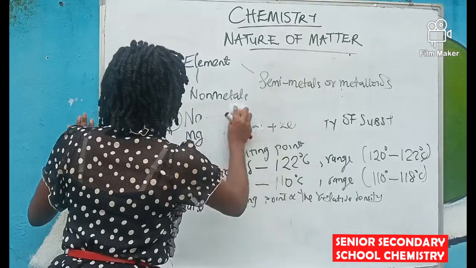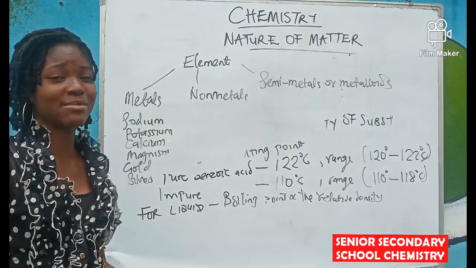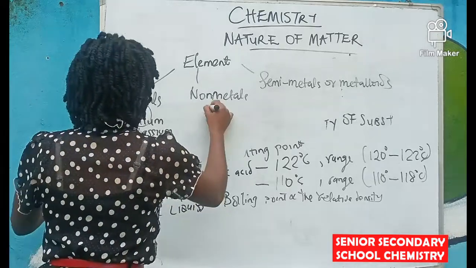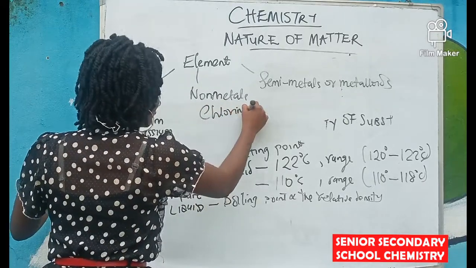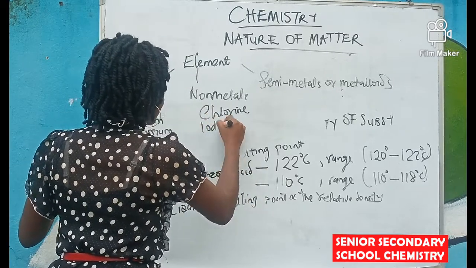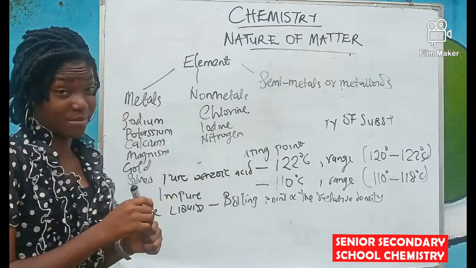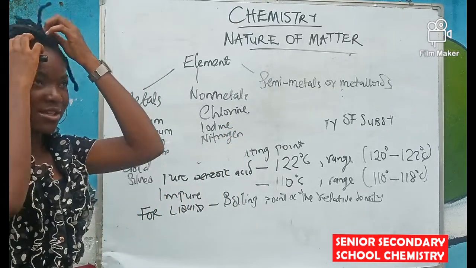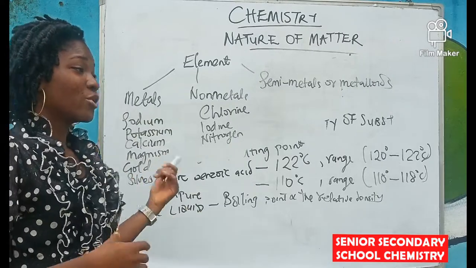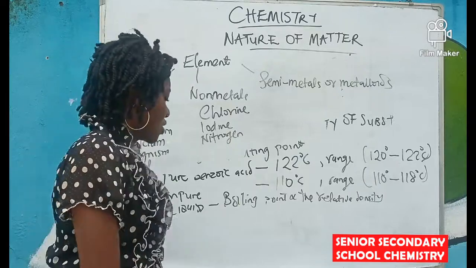Now, non-metals are substances that ionize by gain of electron. Examples of non-metals we have are chlorine, iodine, nitrogen, etc. We're going to take the differences between metals and non-metals, the differences in their physical properties and in their chemical properties.